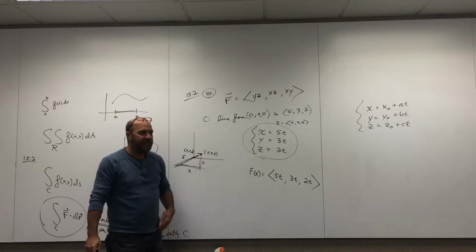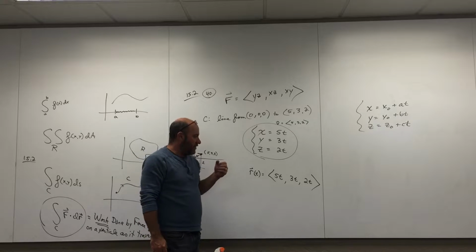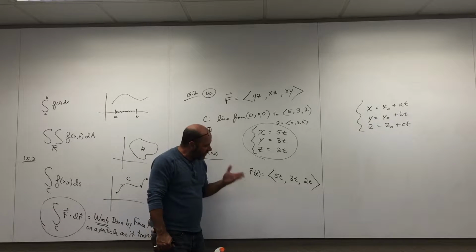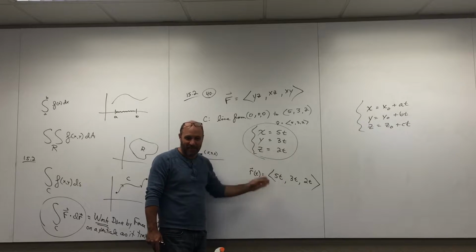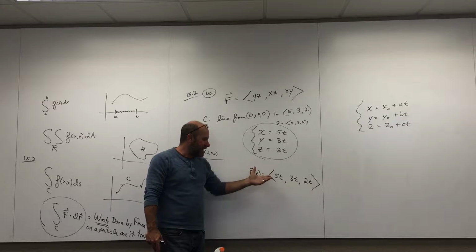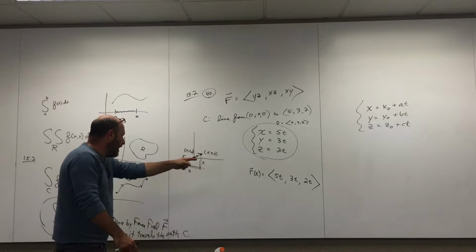And I'll get sloppy in the future, and I'll call this a parametric equation rather than a vector-valued function. To me, they're the same thing. There are subtle differences, but they're the same thing. So cool, I found my path.